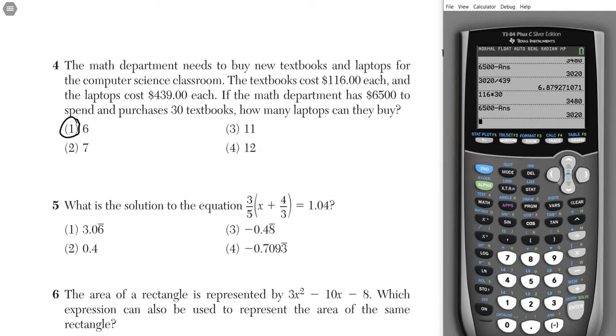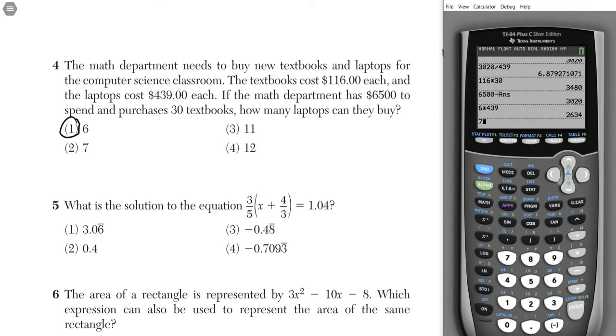So now just try each choice. Let's say they bought 6, could they buy 6? Well, let's see. 6 would cost 6 times 439. That comes out to 2,634. Okay, they could buy that many. What about 7?